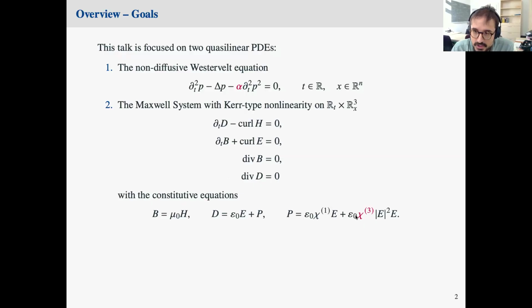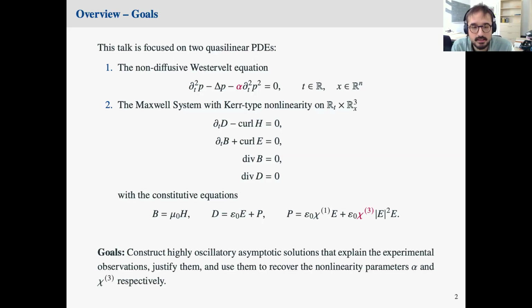And the point is that the polarization, so this P function here, which essentially tells you how the electric displacement is related with the electric field, has a cubic type nonlinearity. And because this is a first order system in the way it is written, that makes it into a quasi-linear system. So what we're going to be interested in is constructing highly oscillatory asymptotic solutions that explain the experimental observations, then justify those solutions and use them to recover the nonlinearity parameters alpha and chi3 here.